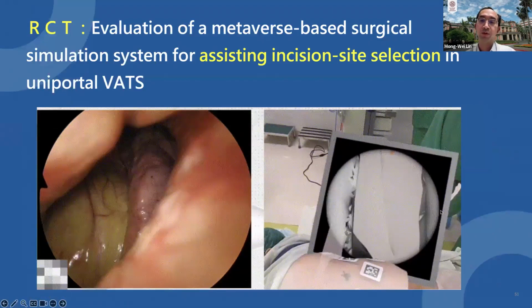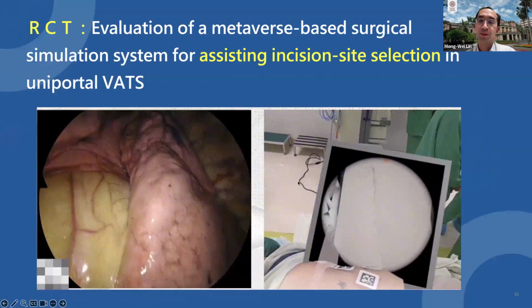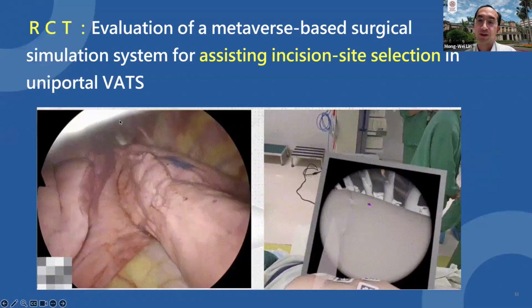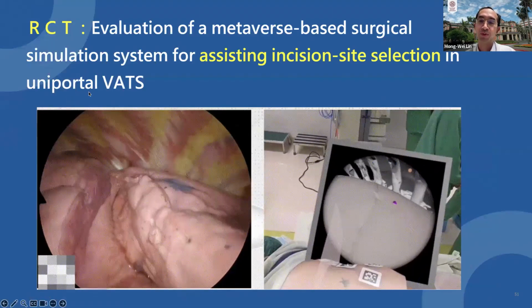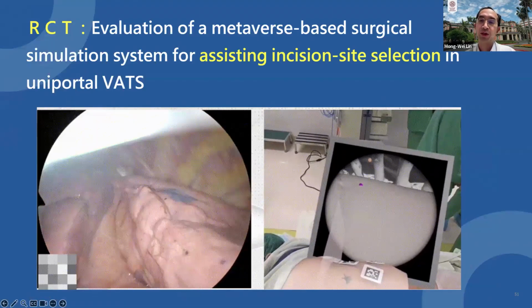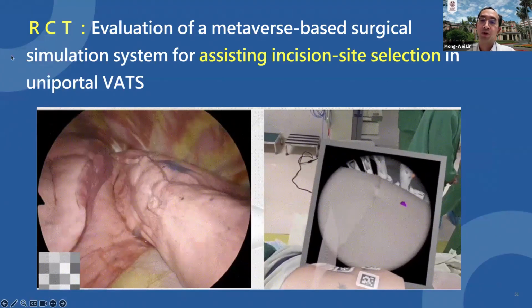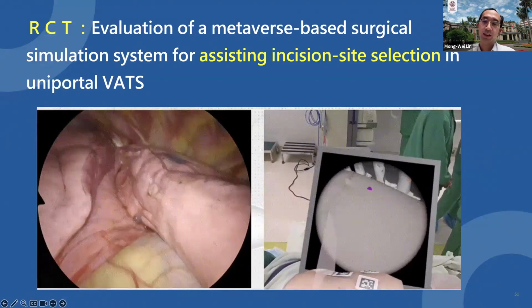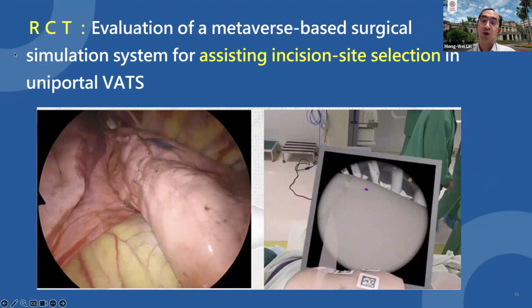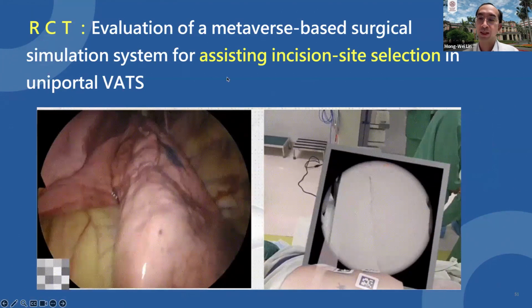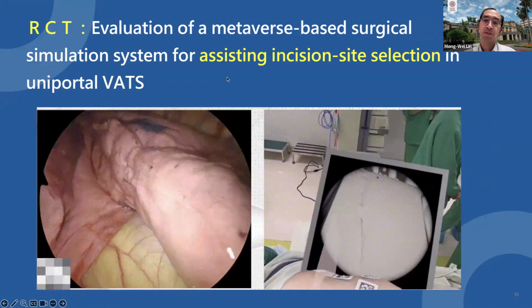Here you can see that the real uniportal thoracoscopy view on the left side almost perfectly matches the preoperative XR simulation on the right side. By helping us choose the optimal port site, I think this system may shorten the operative time, especially for those without much surgical experience.